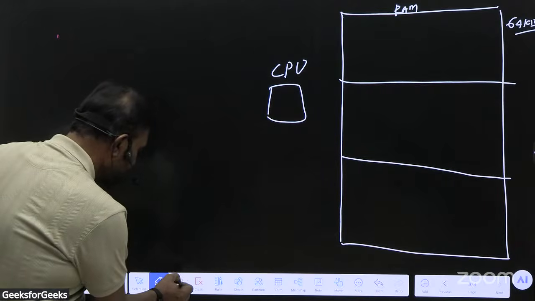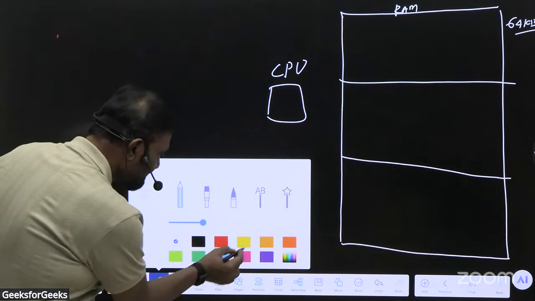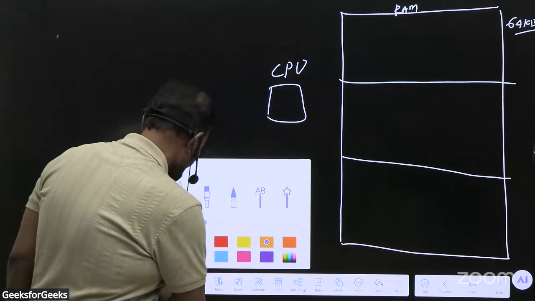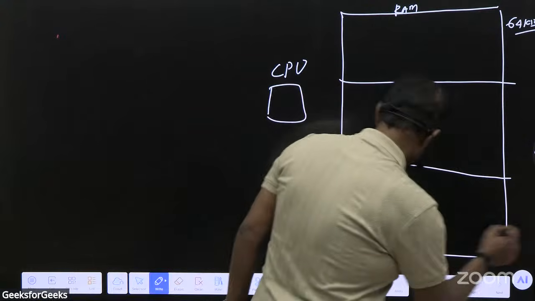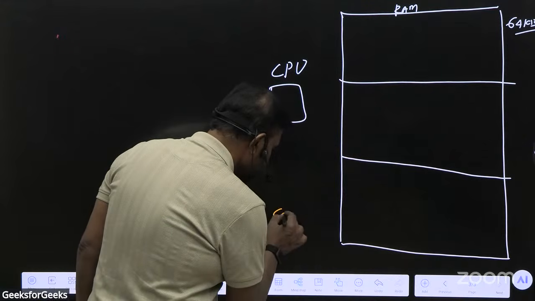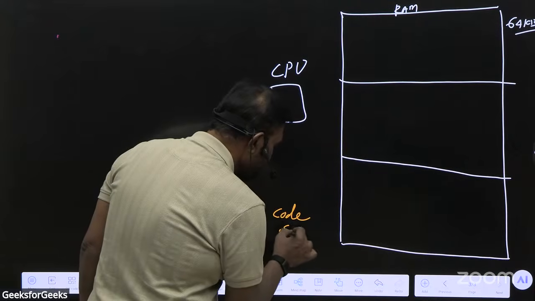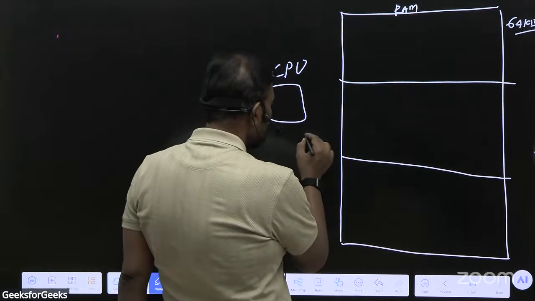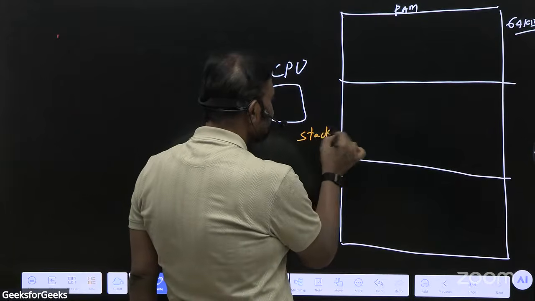So the first section is called the code section. And this I'm calling the stack.